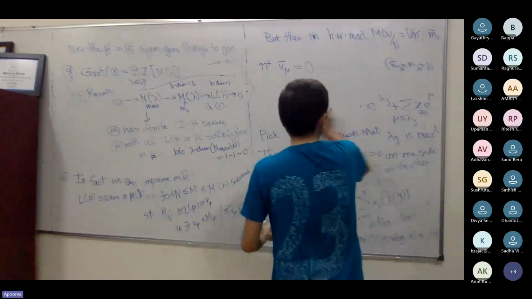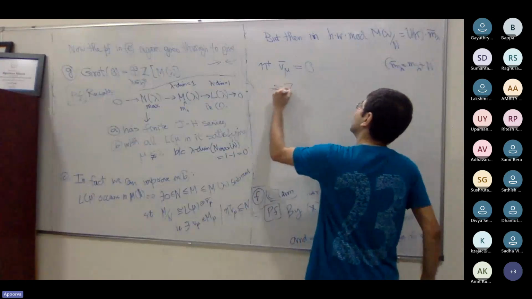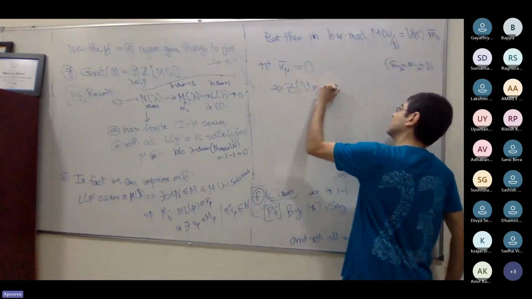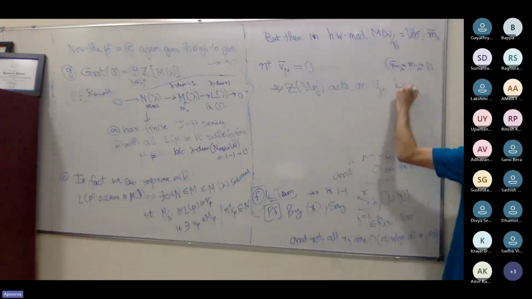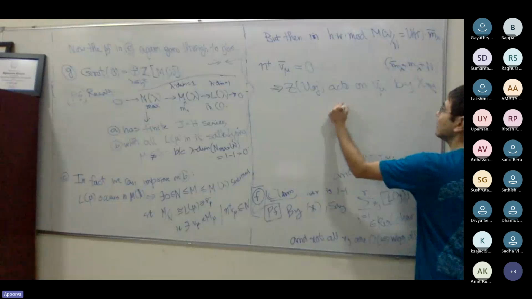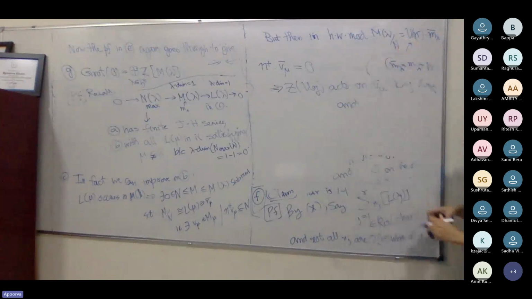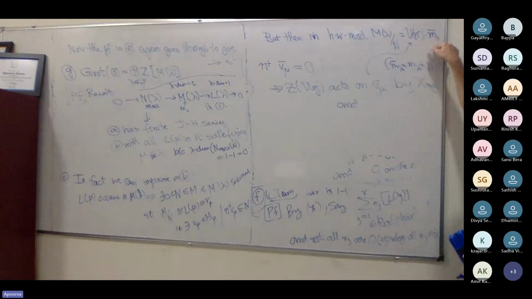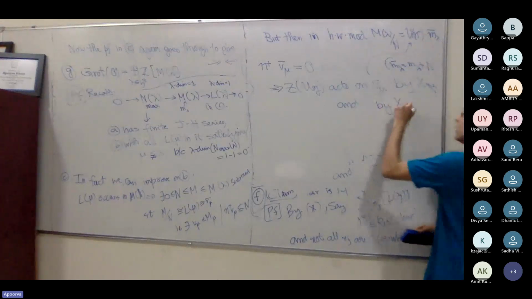So what does that mean? It means that the center acts on V mu bar by chi mu, but V mu bar belongs to this set. So the center acts on this highest weight vector by chi lambda, therefore here also by chi lambda.